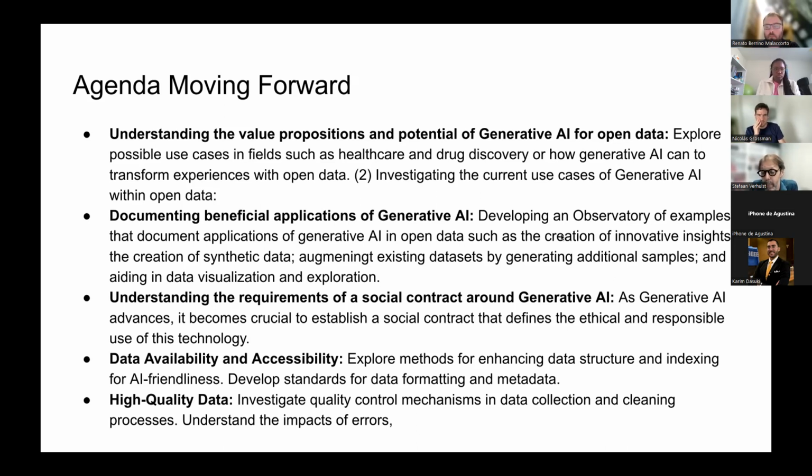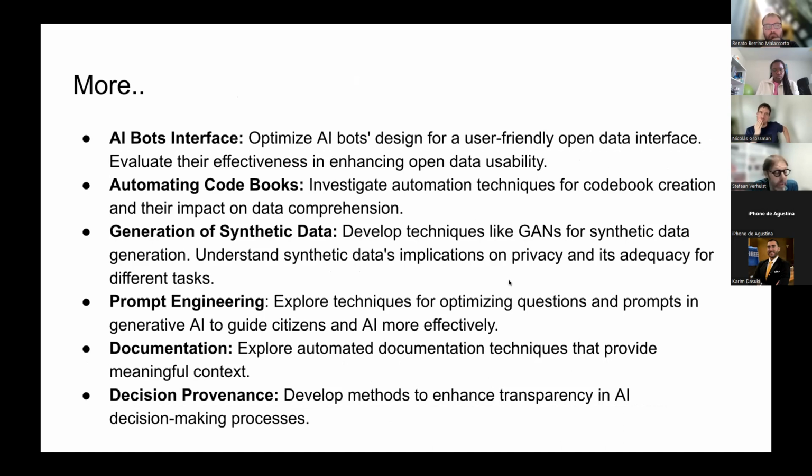As some of you know, I've been advocating for a social license, where, especially if we want to align the output with expectations of society, then we need to actually think about what the social contract is. And of course, how do we increase data availability? What does it mean to actually make data crawlable? How do we upgrade our platforms? How do we make sure that we describe high quality data, and so on?